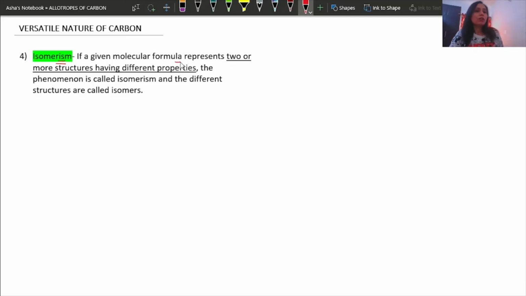If a given molecular formula represents two or more structures having different properties, the phenomenon is called isomerism, and the different structures are called isomers. So the formula is the same but the structures are different, then this property is called isomerism and the structures are called isomers.